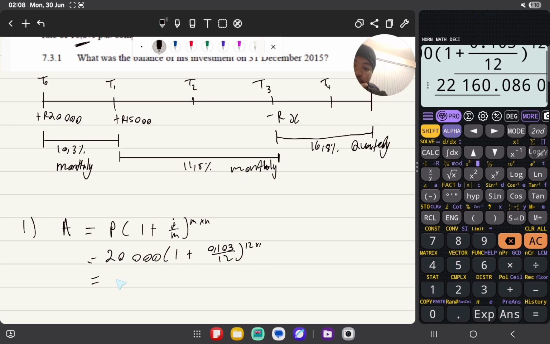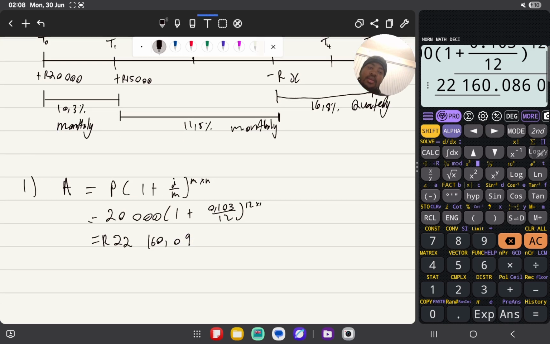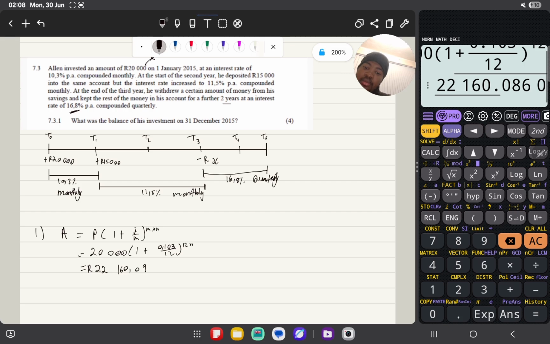The value we are getting is 22,160.09. Right, so we are done with this one. Ouch. Let's see what the next one says.